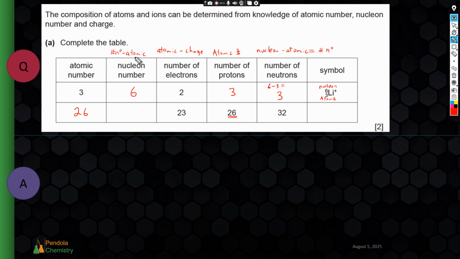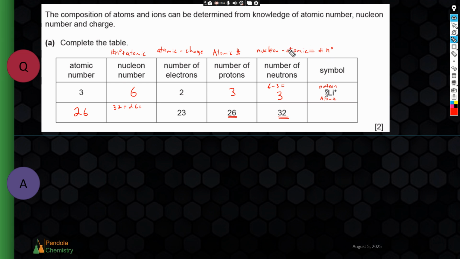So the number of neutrons, which is 32, minus the atomic number, which is 26... again, number of neutrons plus, not minus. Sometimes I get tired.